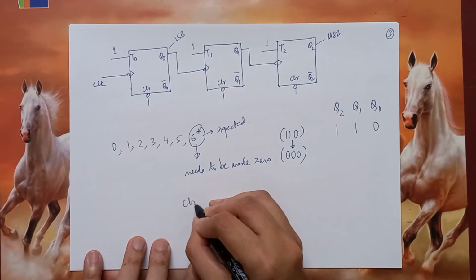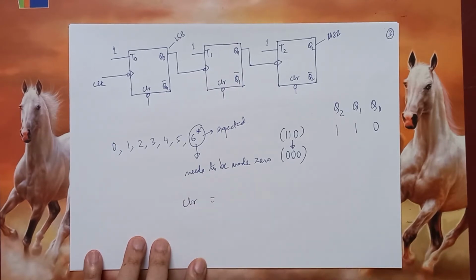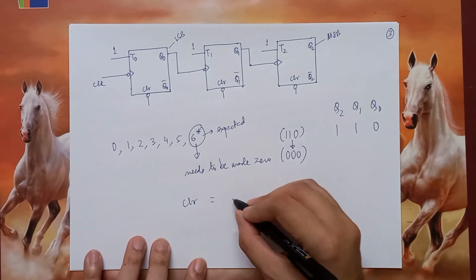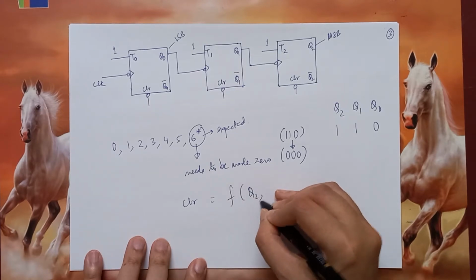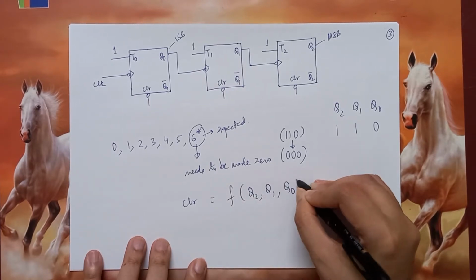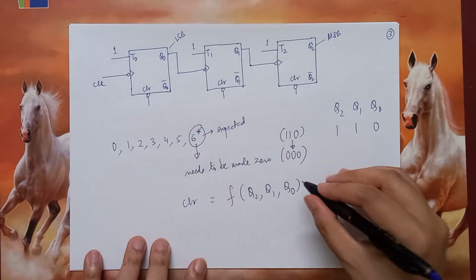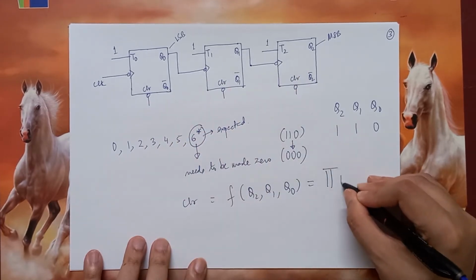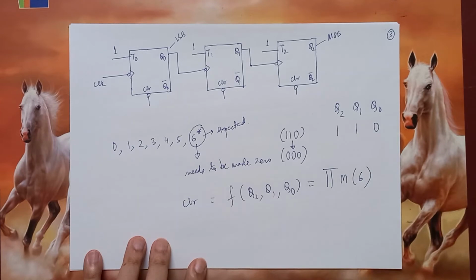So I can represent clear as a max term, a function of Q2, Q1 and Q0. Since we are looking for zeros, we can go for max terms. Only 6. So the answer is very simple.